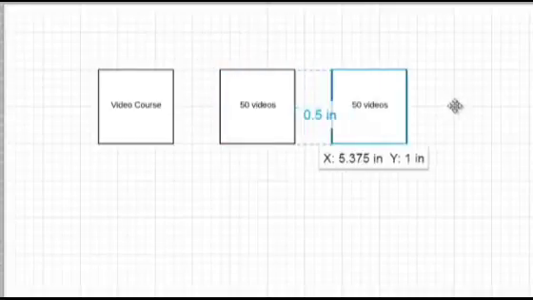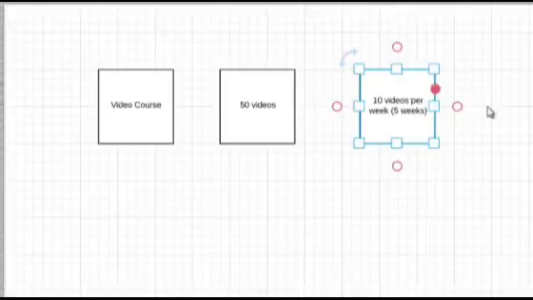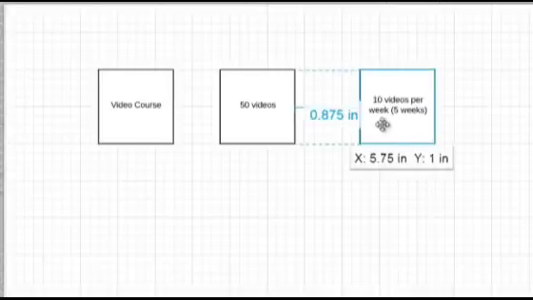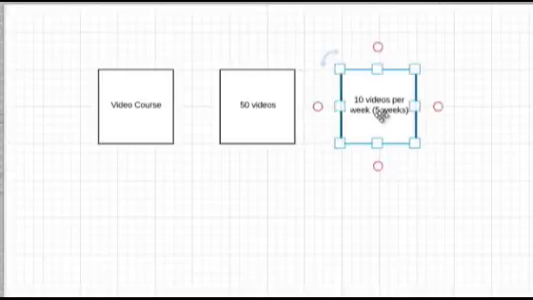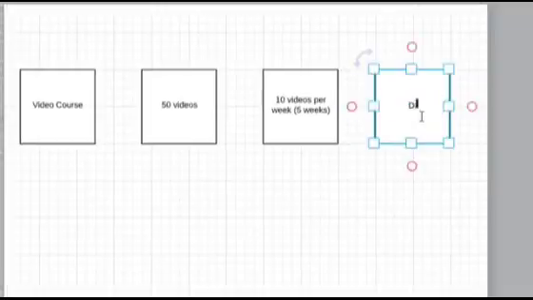Okay, so 50 videos, maybe I'll give them 10 videos per week for 5 weeks. All right. So in this case, I'm definitely going to have to drip feed it. So I'm going to put that down. Drip feed.